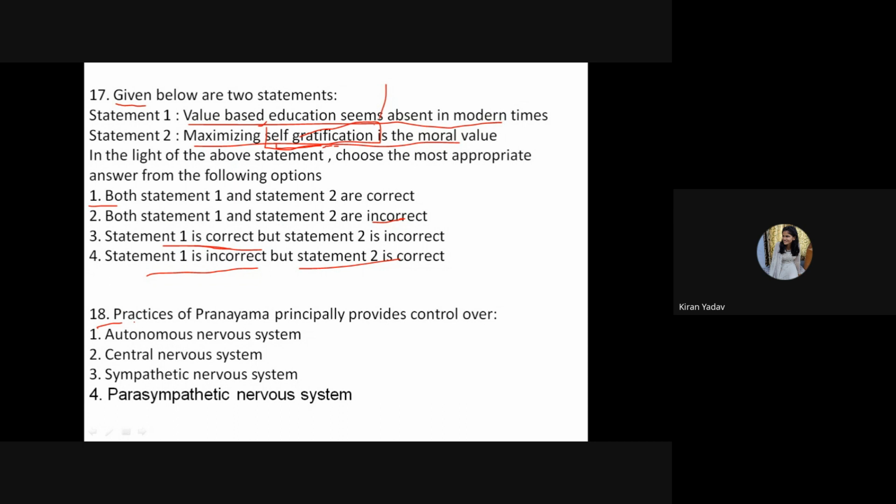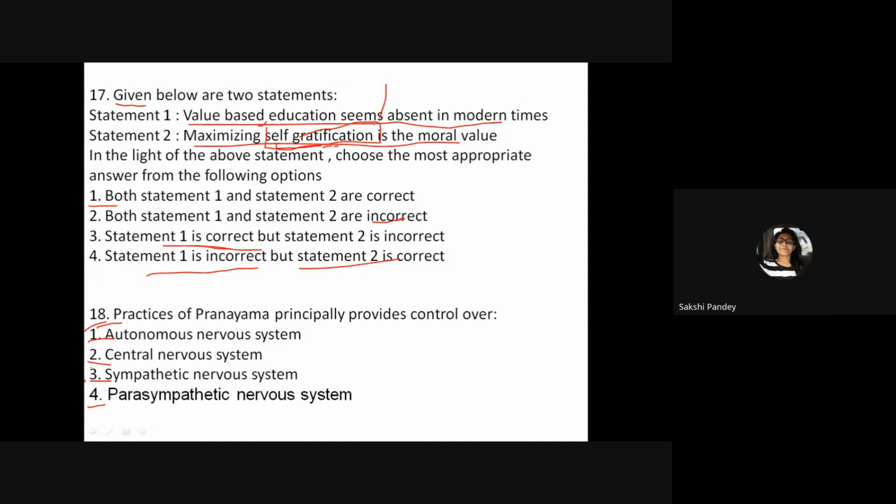18th question. Practices of pranayama principally provide control over: first, autonomous nervous system; second, central nervous system; third, sympathetic nervous system; fourth, parasympathetic nervous system. Ma'am, autonomous. Okay, Deepam ji saying one, and third, who?